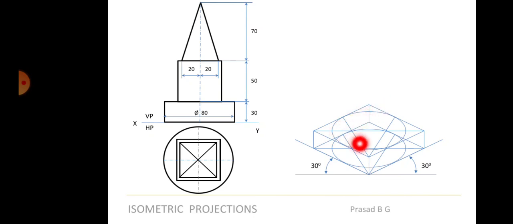So 4 lines will intersect, isn't it? That will be the base of the cube. Done. The base of the cube will be directly done. So any of the two methods you can follow. From the center you can take the distance, or from the edges corresponding distance you can take. So 80 minus 50 is 30, so 15, 15 should be on either side. So just leave ISO 15 line space and draw parallel lines to each of the lines. So directly you can get the inner box.